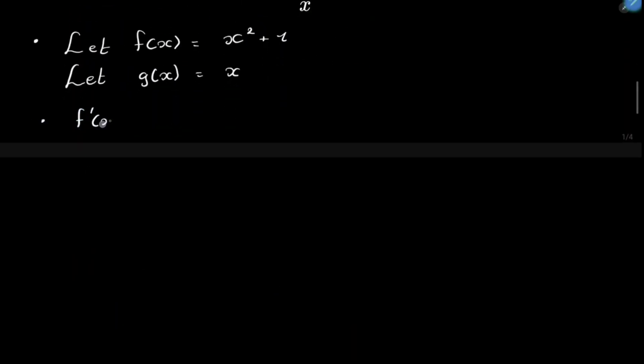F prime of x is equal to the derivative with respect to x of f of x, that is our numerator, and this is equal to the derivative with respect to x of x squared plus 1.